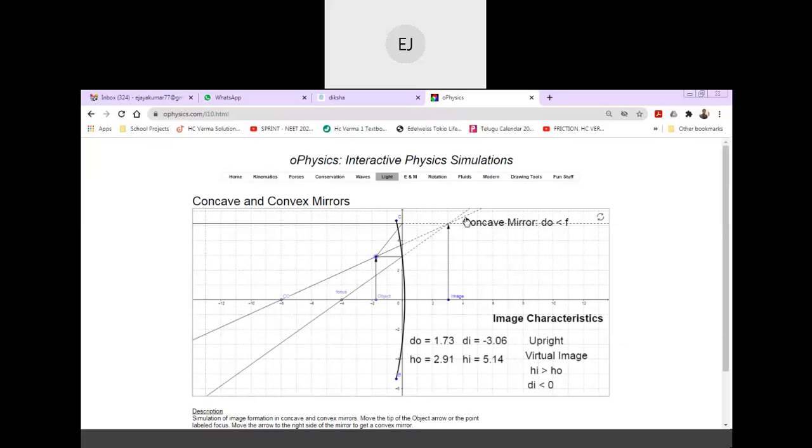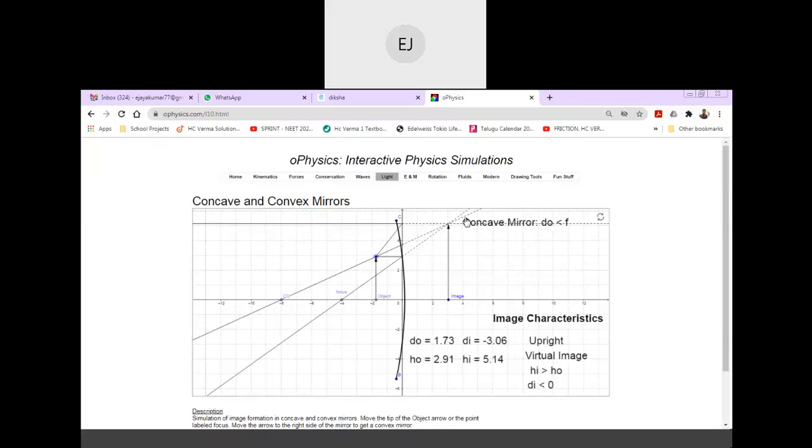The image is upright, erect, magnified, and virtual. The image forms behind the mirror. So these are the changes taking place depending on the position of the object.